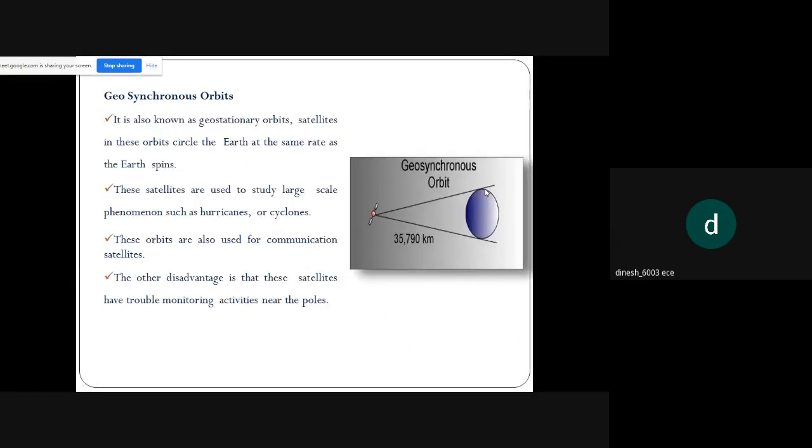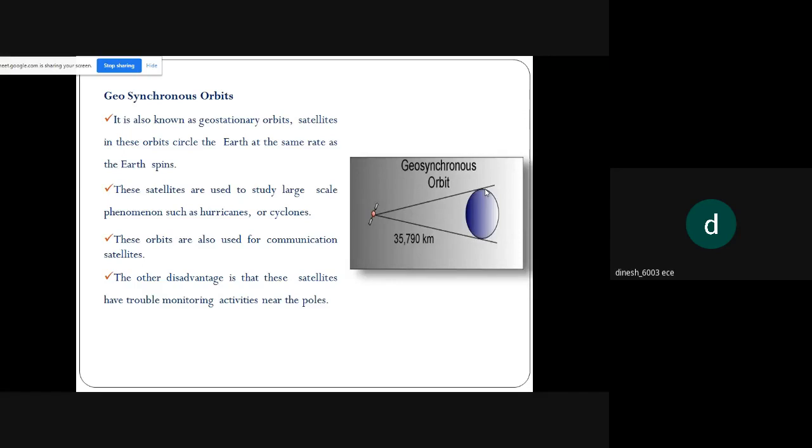Next is the geosynchronous. This is also called geostationary orbits. The satellites in these orbits rotate around the Earth at the same rate as the Earth spins. These are used largely to study hurricanes or cyclones in different regions, and are also used for communication satellites.